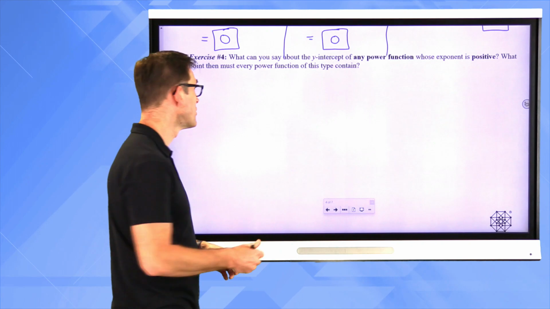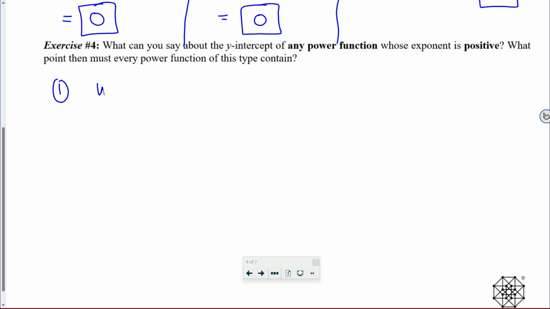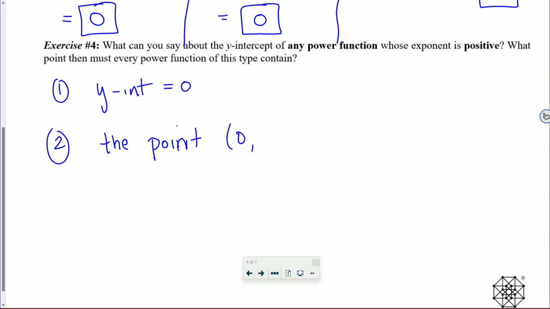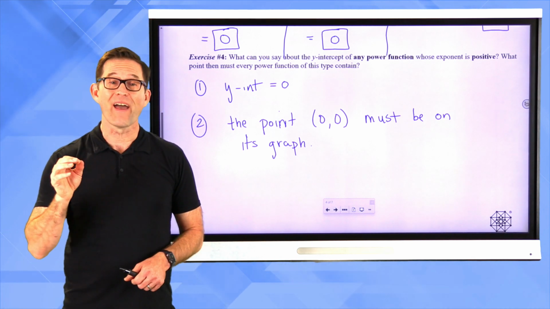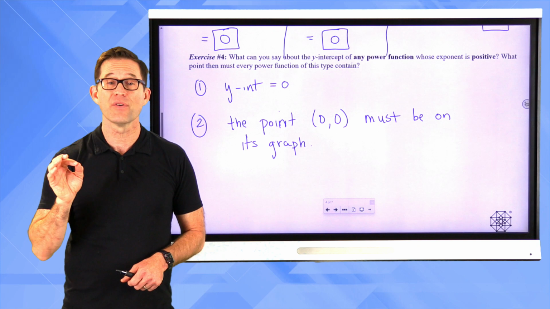The y-intercept will be equal to 0. And that means the point (0, 0) must be on its graph. Now, I want to really emphasize, this is for power functions where the exponent is a positive number.